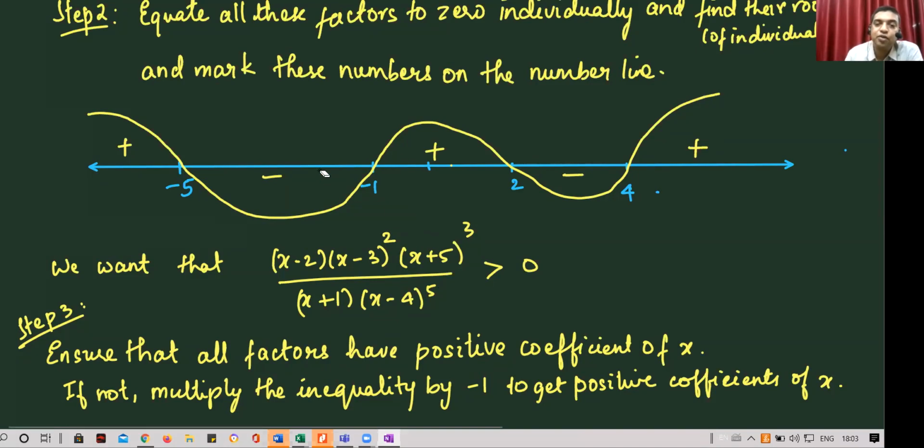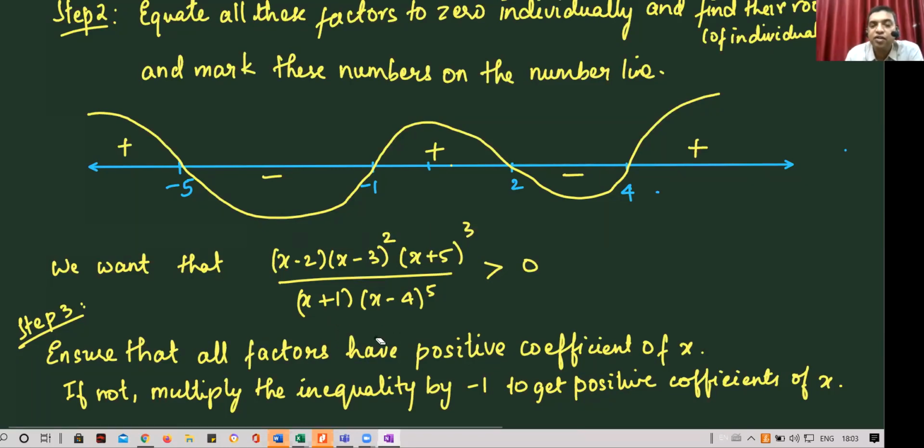Next interval you go, product of three negatives. x plus 1 is negative, x minus 2 is negative, and x minus 4 is negative. So three negatives, the product of three negatives will be negative. That's why in this region it is negative. And less than -5, 1, 2, 3, 4, four factors are negative. So the product will be positive.